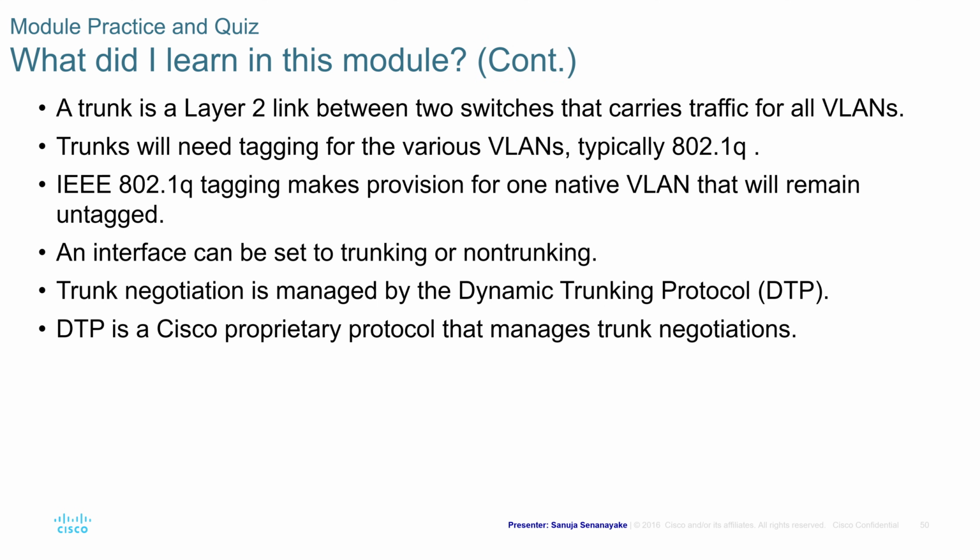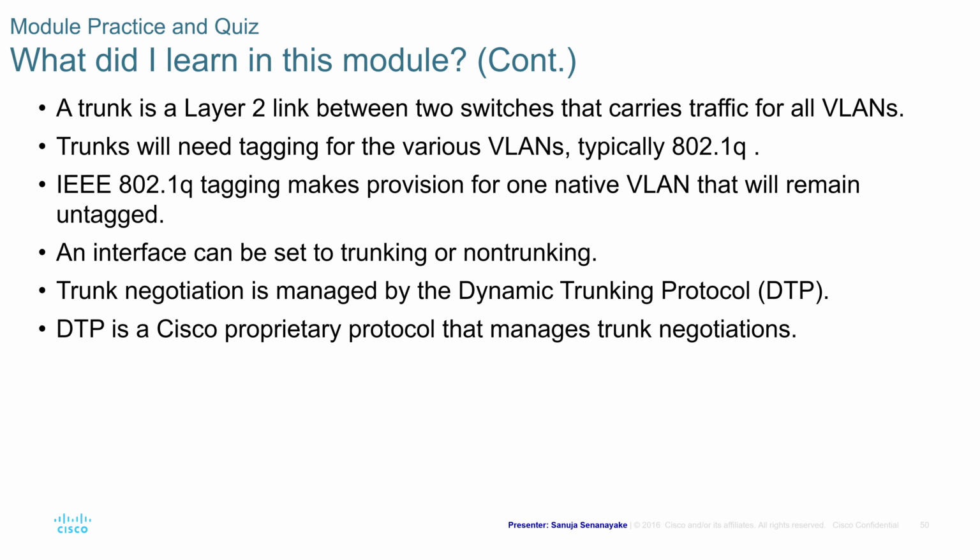We also learned a trunk is a layer 2 link between two switches that carries traffic for all VLANs. Remember that concept of 802.1Q. So we learned that the trunk will need tagging for various VLANs, and they typically use IEEE 802.1Q tagging, which makes provisions for one native VLAN that will remain untagged. An interface can be set to trunking or non-trunking.